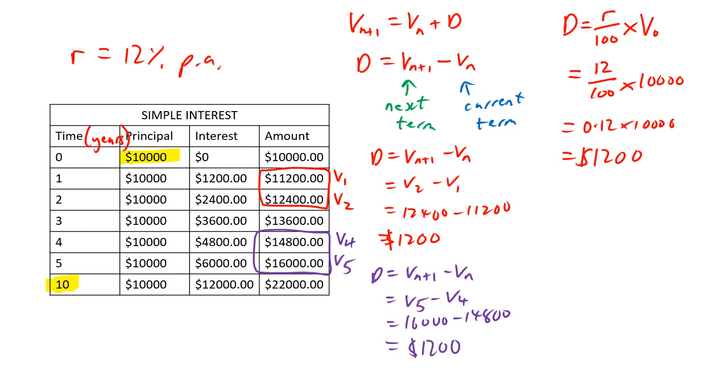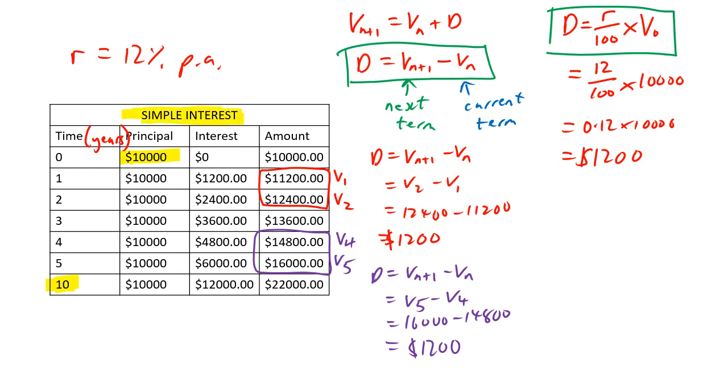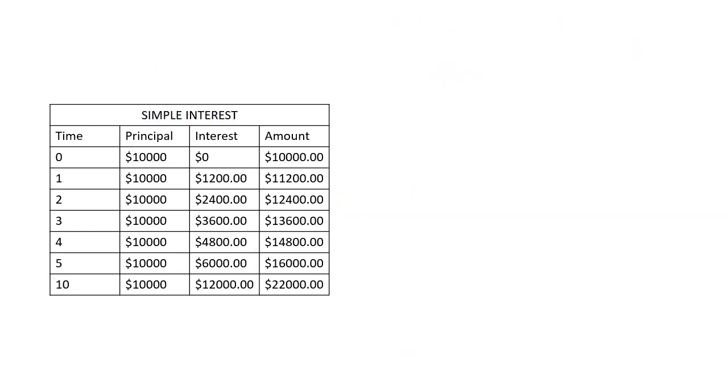All right, so there's a new formula for you here. We've got this formula here for D, and we've got this formula here for D for simple interest. So we must highlight that. These are the formulas for simple interest. Vn equals V naught plus n lots of D. That was when we were doing the rule for recursion.